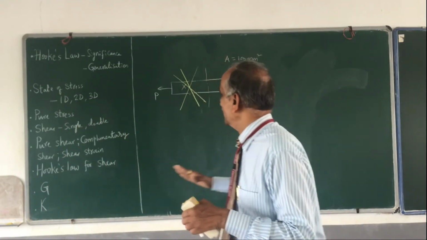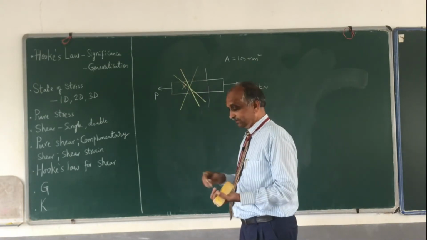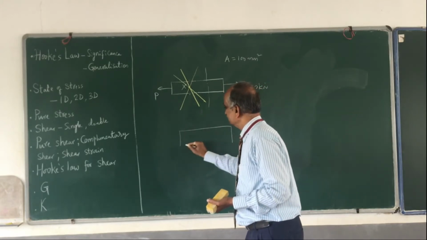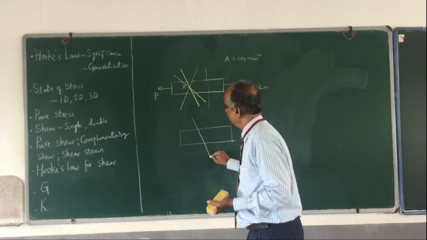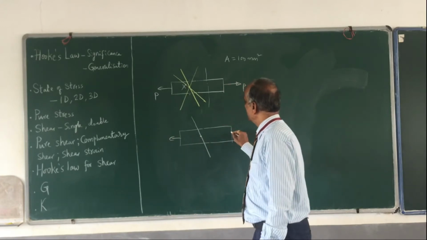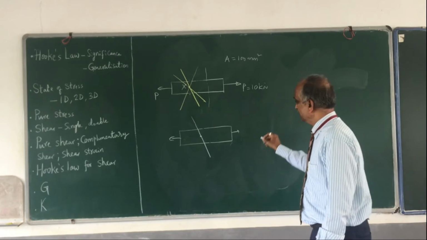In general, if I take a plane like this, what all things do I have? Let me elaborate slightly. Say this is the point, and this is the plane by which I am cutting it, and these are the normal stresses. Take either this portion or this portion and draw the free body diagram.